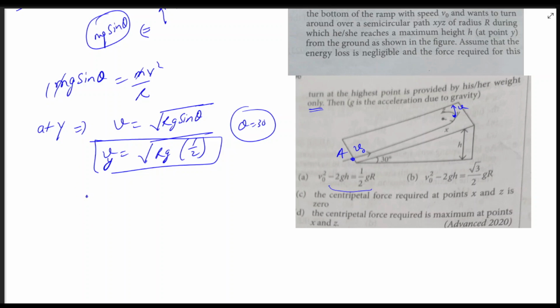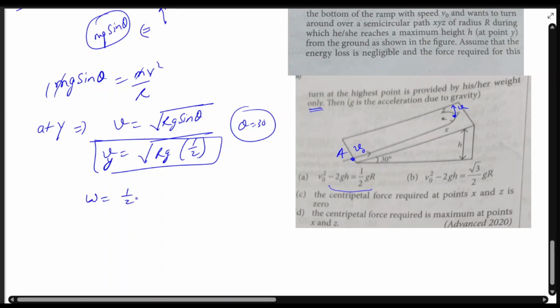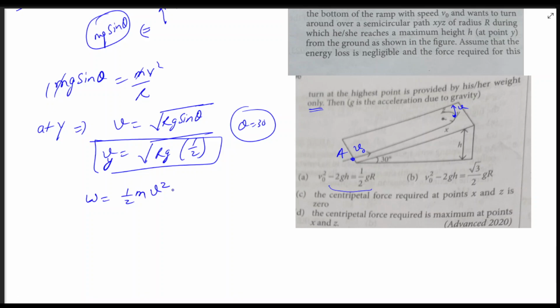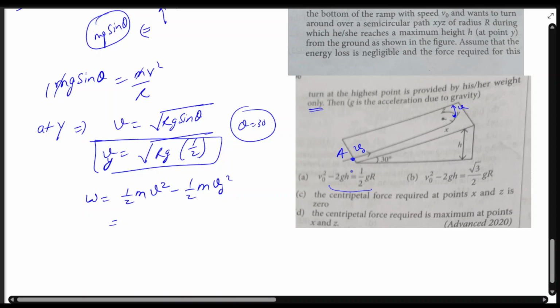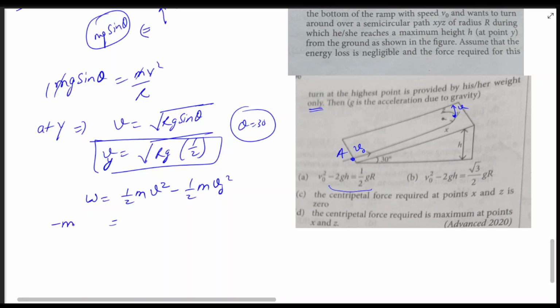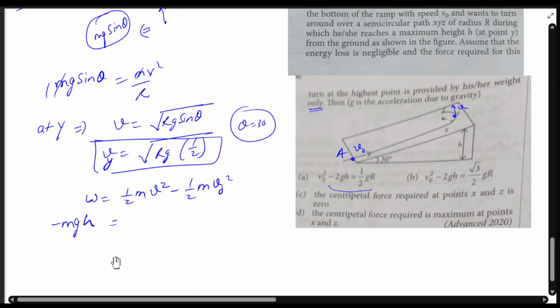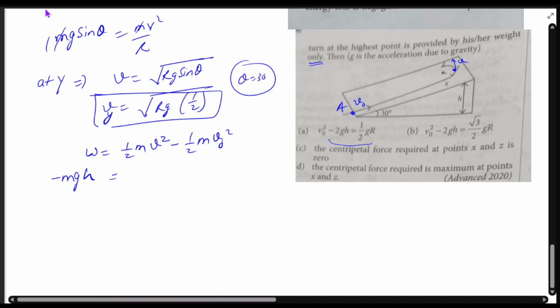Work done equals half m v final square minus half m v naught square. It will achieve only height h, so the work done is minus mgh. Only the gravitational force will do the work.